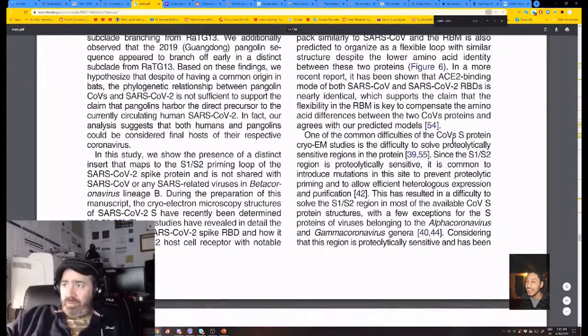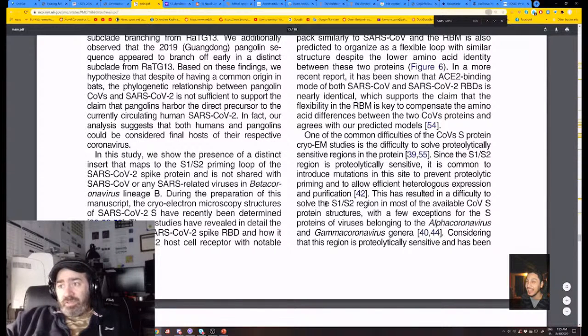One of the common difficulties of the CoV-S protein cryo-EM studies is the difficulty to solve proteolytically sensitive regions in the protein. Since the S1/S2 region is proteolytically sensitive, it is common to introduce mutations in this site to prevent proteolytic priming, to allow efficient heterologous expression and purification.